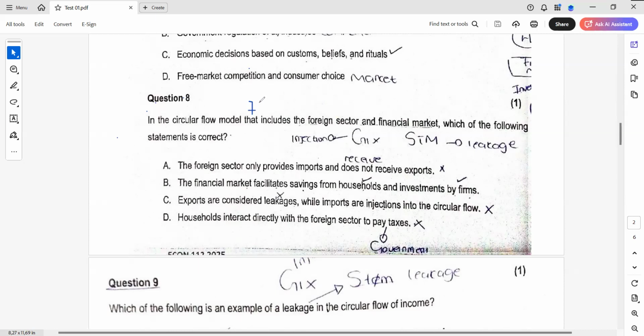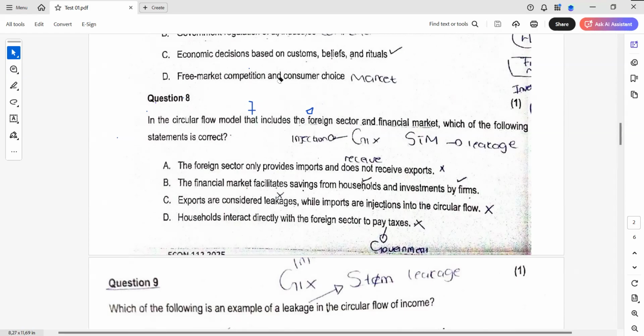If a firm delivers goods to the foreign sector, which is called exports, the foreign sector would have to pay the firm for these goods, right? So exports become what? An injection in the economy, because for these exports we're receiving money. Money is coming in from the foreign sector to the firms. It's an injection in the economy.